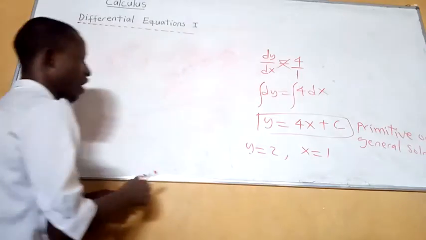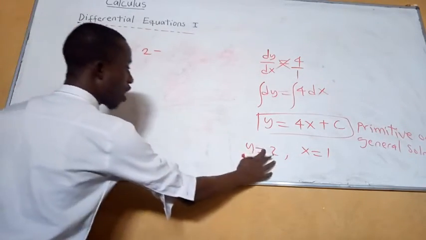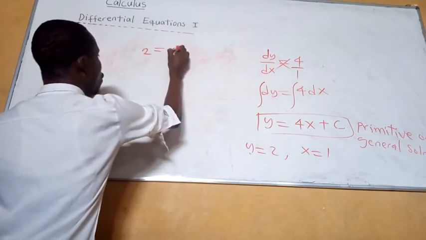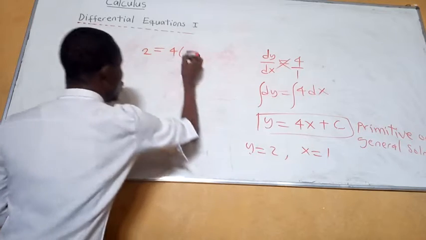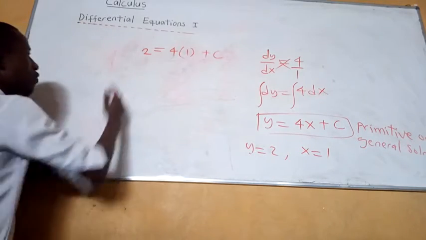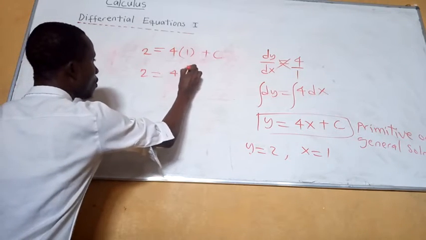So doing this, we have 2 = 4 times 1 + c, so we have 2 = 4 + c.